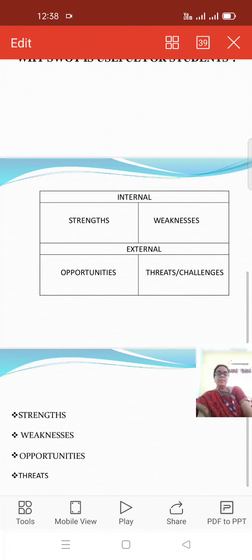The strengths quadrant asks you some questions like what assets do you have, what are you good at naturally, what are your talents and natural born gifts. And the weaknesses quadrant asks you some questions like what are your negative traits, does any part of your education need improving, what tasks you really avoid.